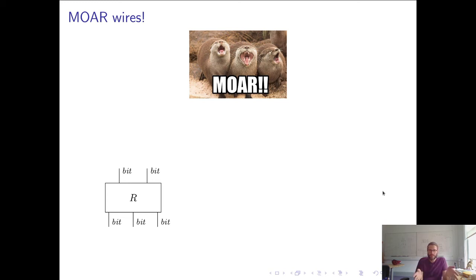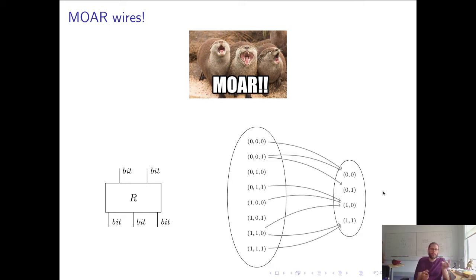So here I have a relation R with 3 wires in, each labeled bit, and 2 wires out, each labeled bit. This means it relates lists of 3 bits to lists of 2 bits. Here's all of the lists of 3 bits: 0, 0, 0, 0, 0, 1, and so on. There's 8 of these different possibilities for 3 bits.